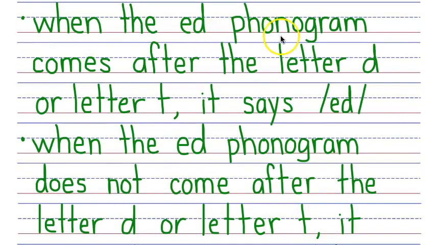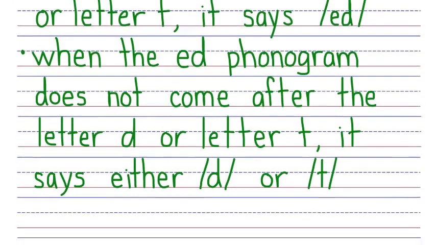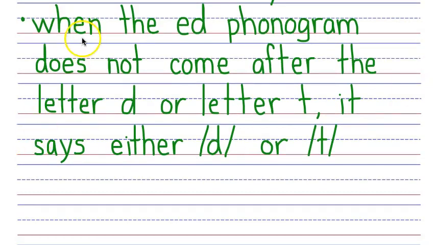When the ED phonogram comes after the letter D or letter T, it says ed. And when the ED phonogram does not come after the letter D or letter T, it says either D or T.